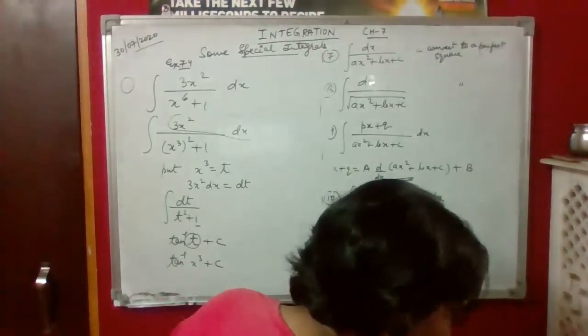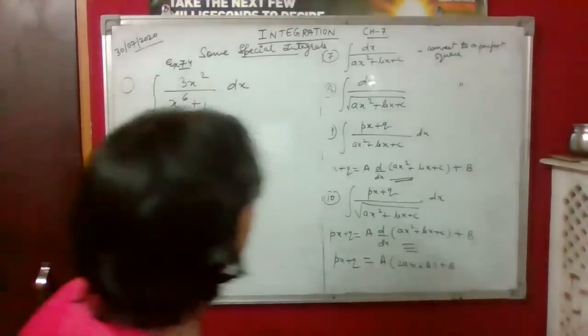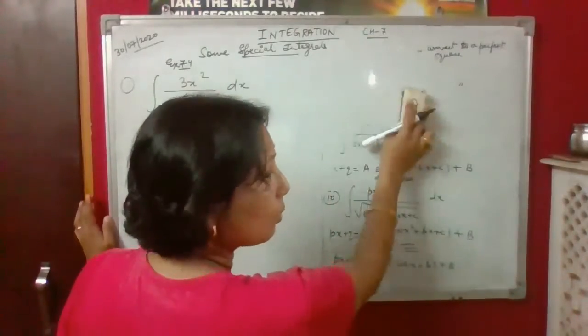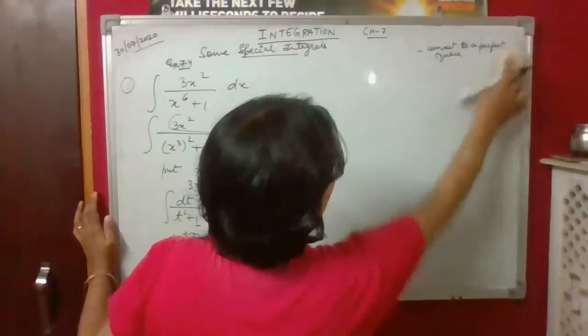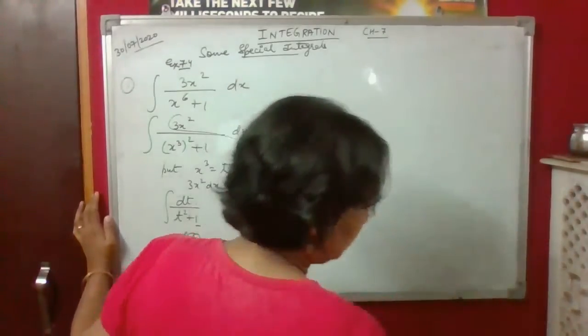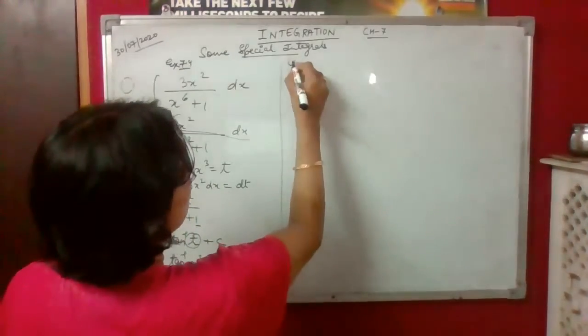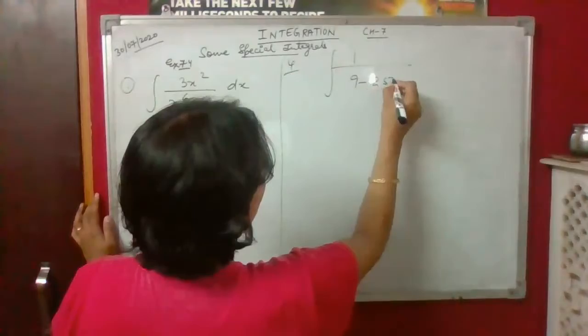Let's take another question. We are taking question number 4. This is 1 upon under root 9 minus 25x square.